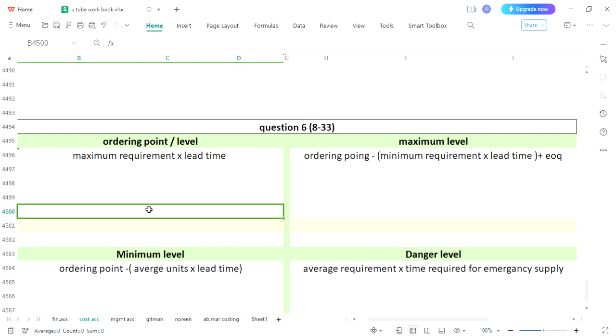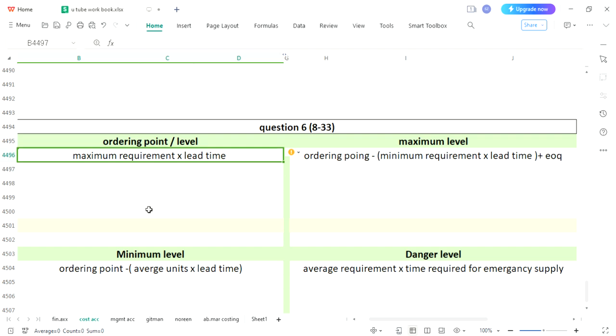There might be a surprise for you: these formulas we were writing in question number 1, and the same formulas we are writing in question number 6 as well. Cost and management accounting is just like the same thing. We do have proformas and we have to consider different options to solve the questions. The proforma would be the same with slightly changed options.